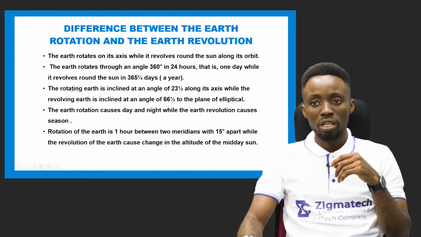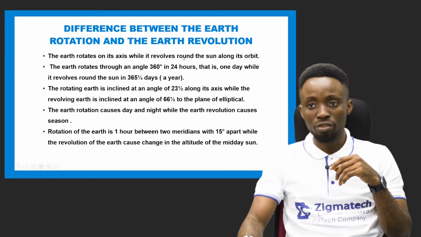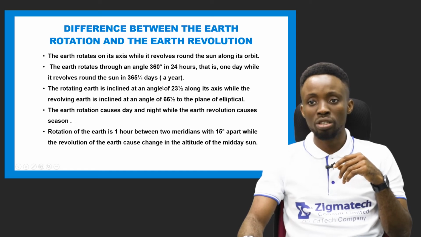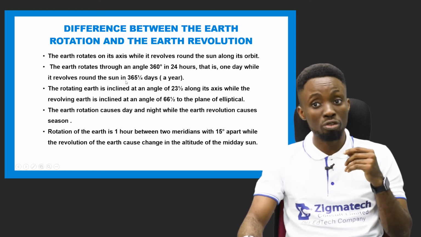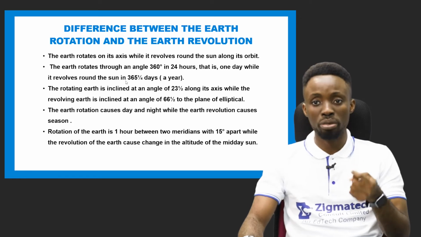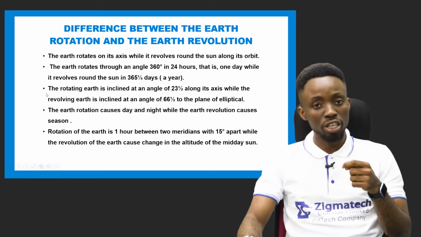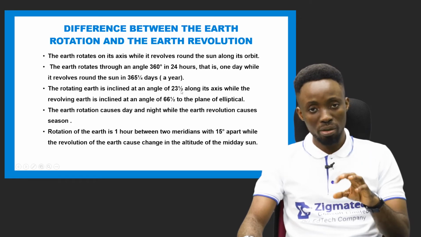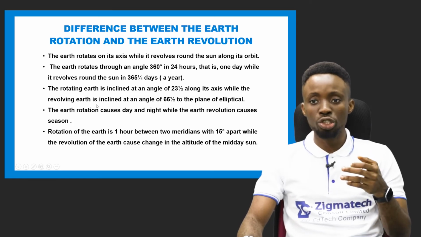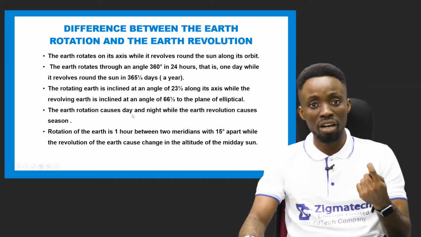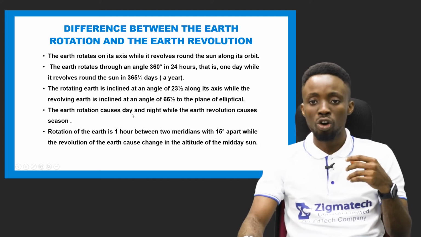Rotation takes about 24 hours for the Earth to go 360 degrees on its axis, while revolution takes about 365 1/4 days for the Earth to go around its orbit. Then for rotation, the angle of inclination is 23.5 degrees on its axis, while that of revolution is 66.5 degrees on its elliptical orbit.